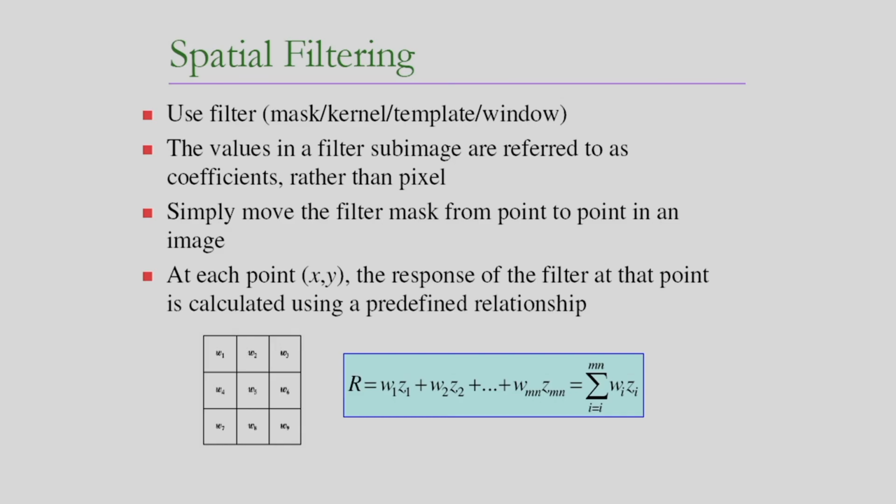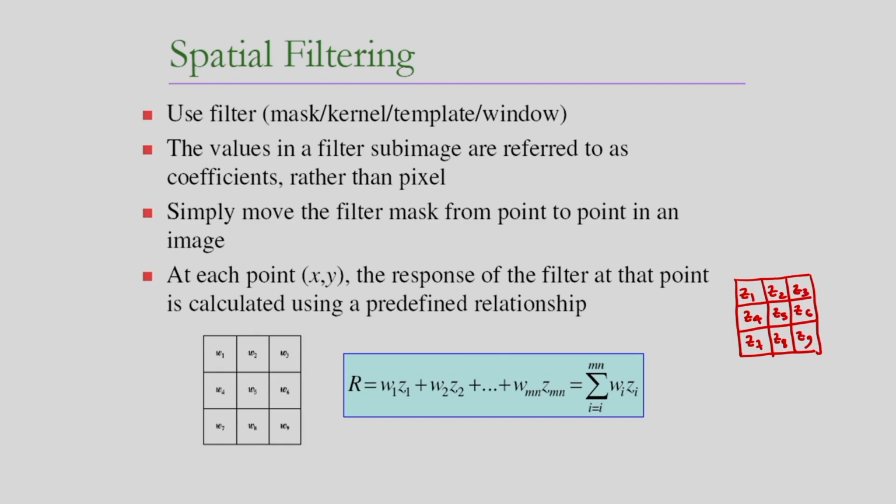And in spatial domain filtering, what I have to do is put the mask over the image. Suppose I am considering one image with pixel values Z1, Z2, Z3, Z4, Z5, Z6, Z7, Z8, Z9.